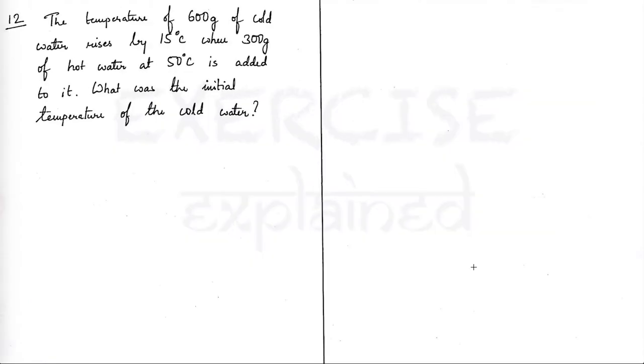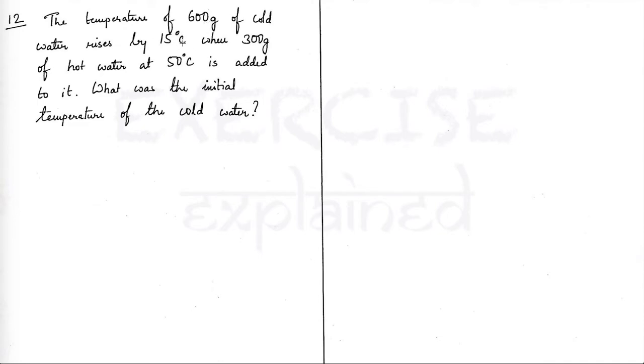Coming to the question number 12 of ICSE 10th calorimetry exercise 11A. The temperature of 600 gram of cold water rises by 15 degrees Celsius when cold body mass is given as 600 grams.